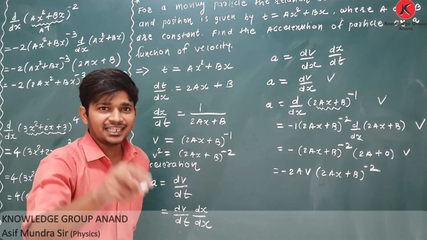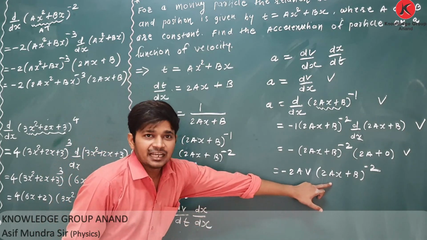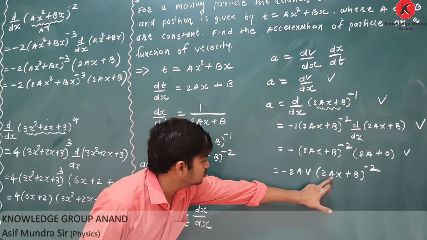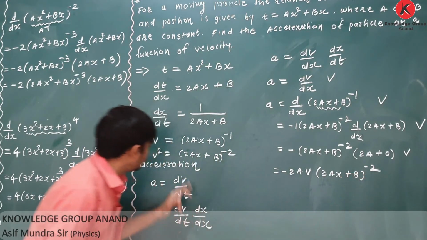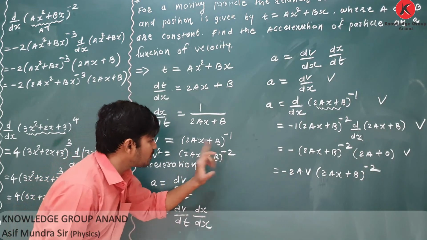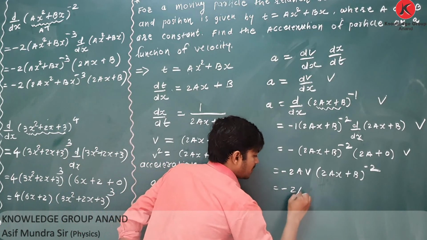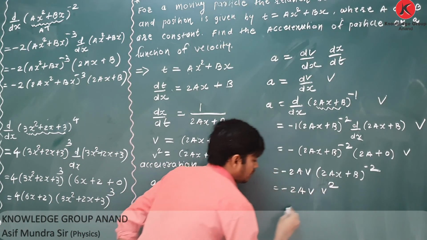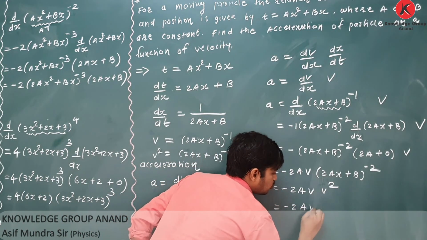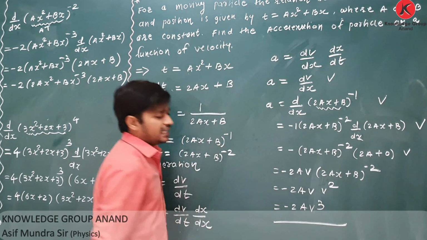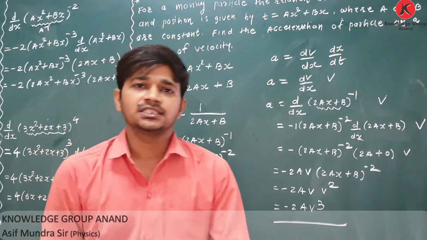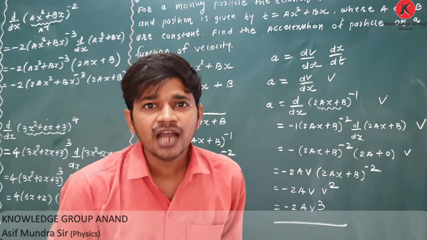Yes or no? Yes. So in this term, (2ax plus b) raised to minus 2 is replaced by v square. Then it is equal to minus 2a into v square. So your answer is minus 2a v cube, and yes, it is your answer.